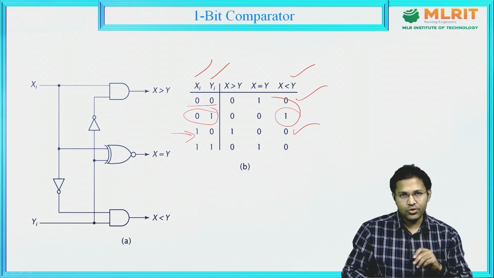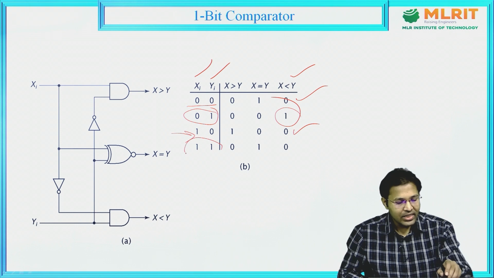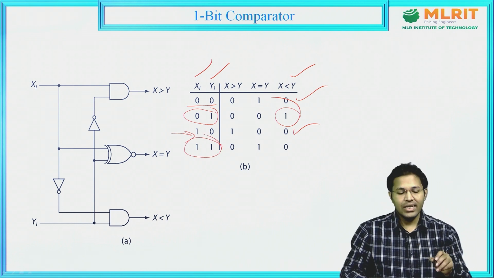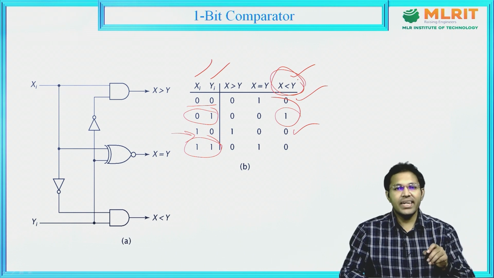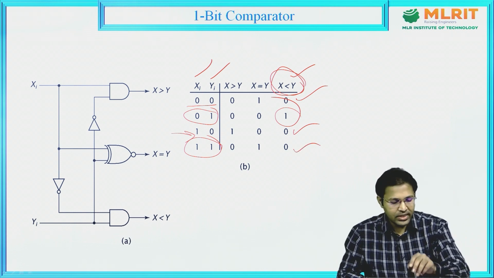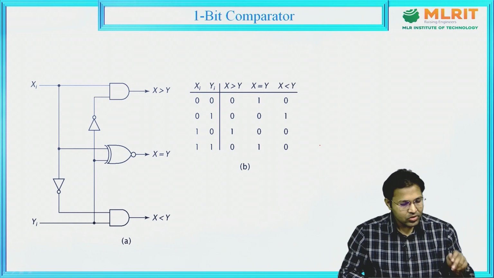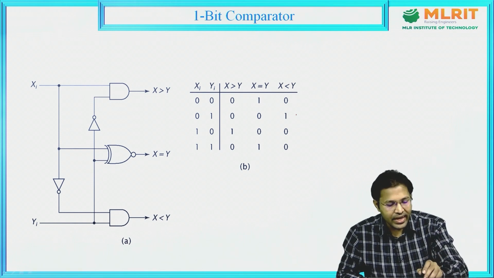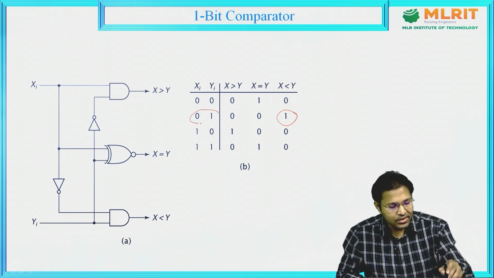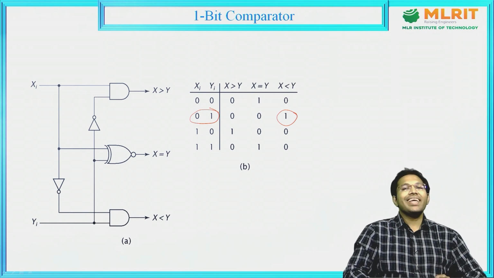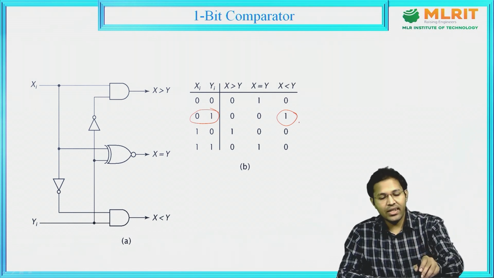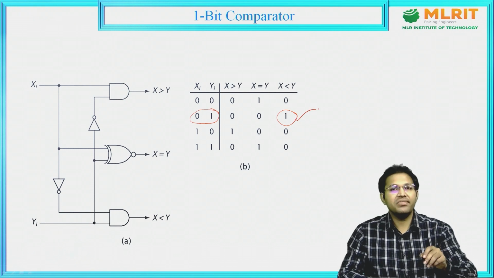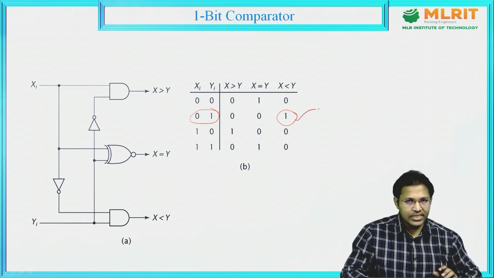It is false, so we put a 0 there. Next, what about the case of 1, 1? They are equal, so this case is violated again, and we put a 0 there. So only at one particular case do we have X less than Y. In the output column, only one place has a one, and the rest are all zeros.